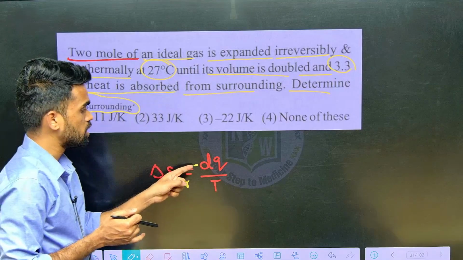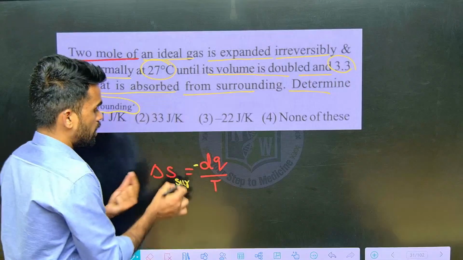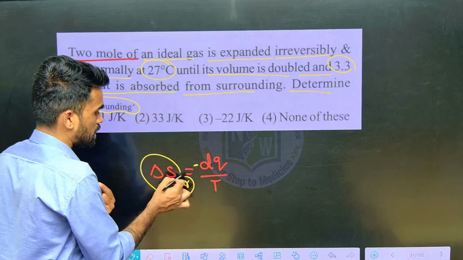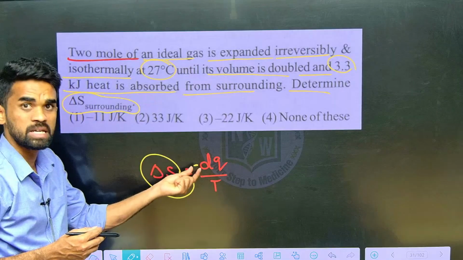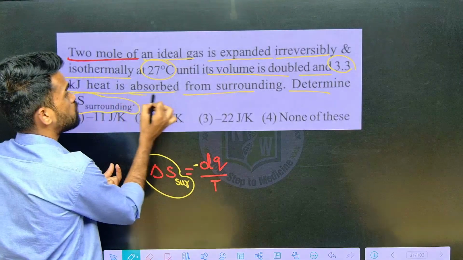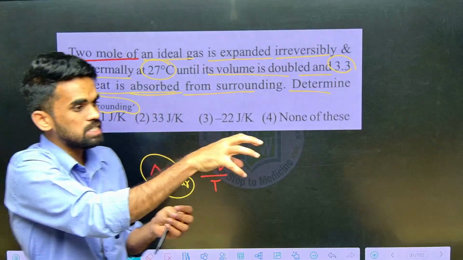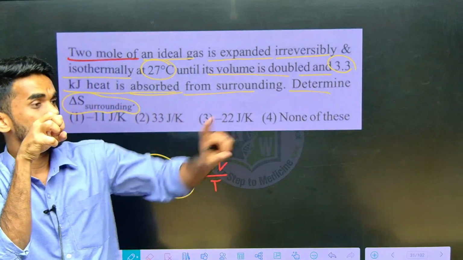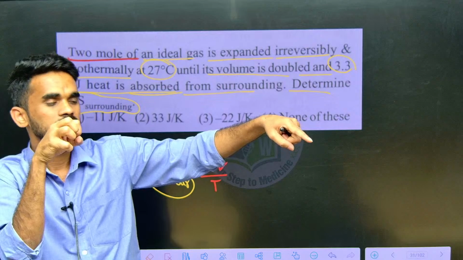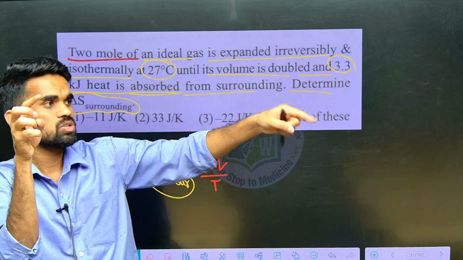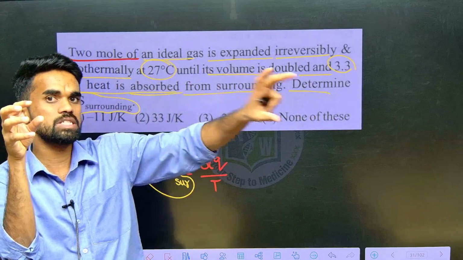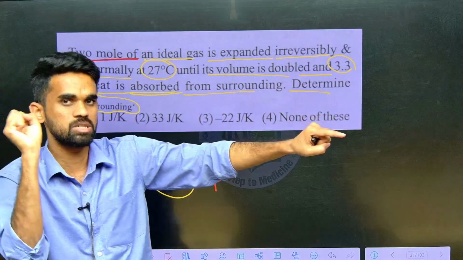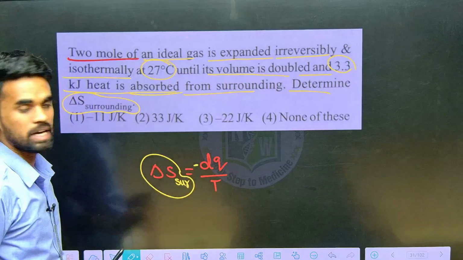That's why I am using minus dq, because we are calculating it for the surroundings, not for the system. For the system it should be plus, but heat is absorbed from the surroundings, which means the surroundings give heat to the system. So the surroundings should be negative and the system positive. That's why this negative symbol is here.